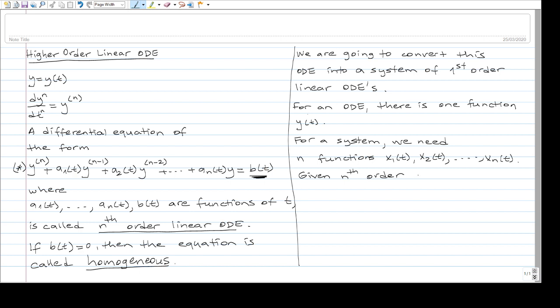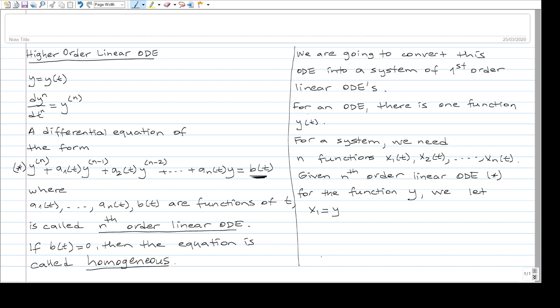Given nth order linear ordinary differential equation star for the function y, we need to define these functions x1, x2 up to xn. The first one, x1, we let be our unknown function y. So this is what we are trying to find.